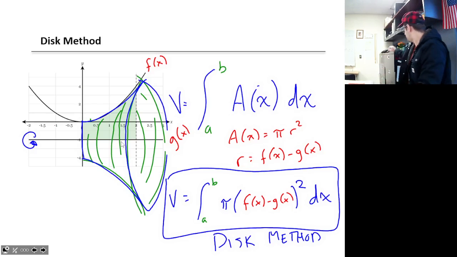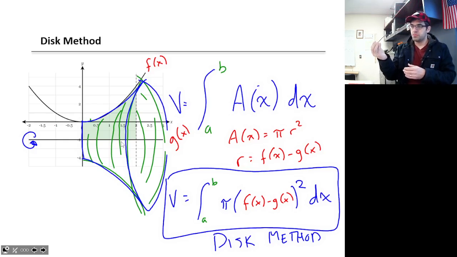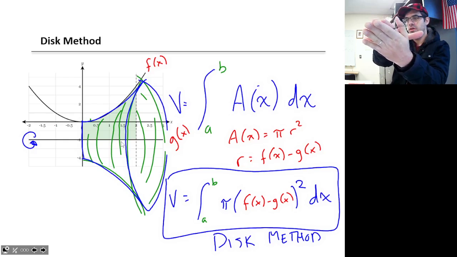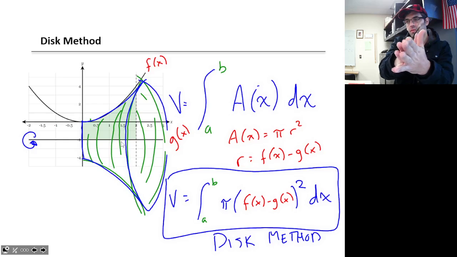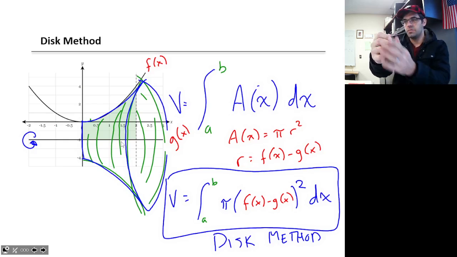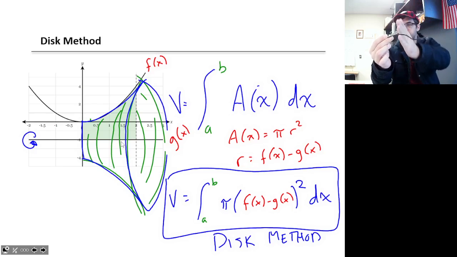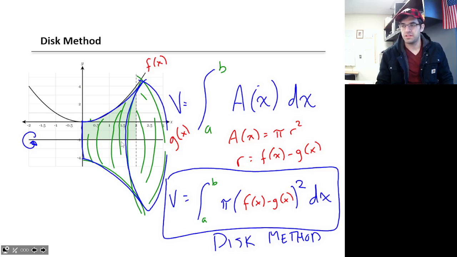In class, I took my little metal wire that I found, and I demonstrated what we're doing here. If I just take this metal wire and spin it, we create the illusion of a three-dimensional object. If we rotate this horizontally, we get this circular shape. If I cut any vertical cross-section, each cross-section is going to be a circle.